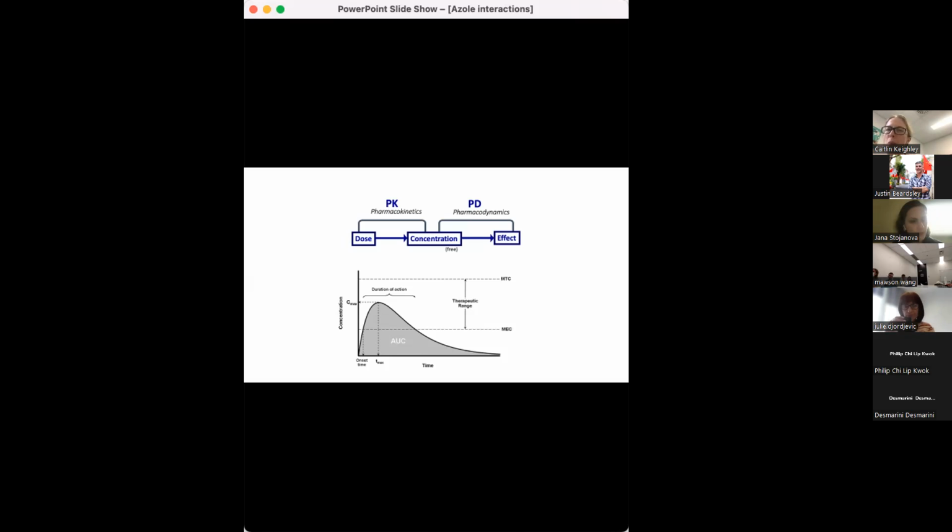The area under the concentration time curve is considered a useful indicator for exposure and tends to relate to the final effect. The concentration towards the end of the dosing interval is the trough concentration, and we have the concept of the therapeutic range defined by a minimum concentration for effect and a minimum concentration before toxicity appears.